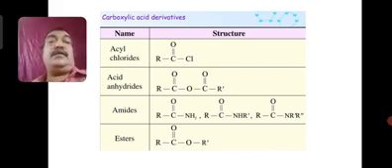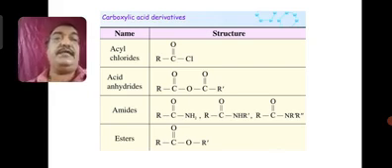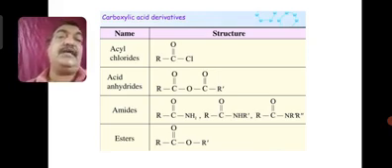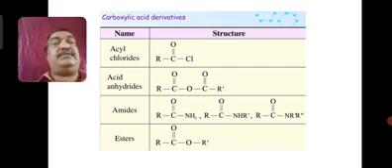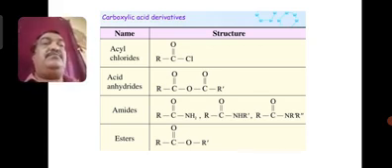So, carboxylic acid can form different derivatives such as acyl chloride RCOCl, acid anhydrides, that is RCOOCOR, acid amides, that is RCONH2, and esters, RCOOR. Now let me go through one or two, with one simple method of preparation for each compound.